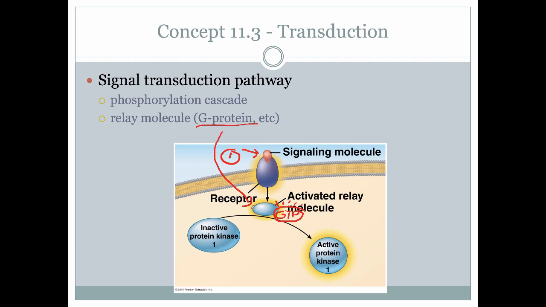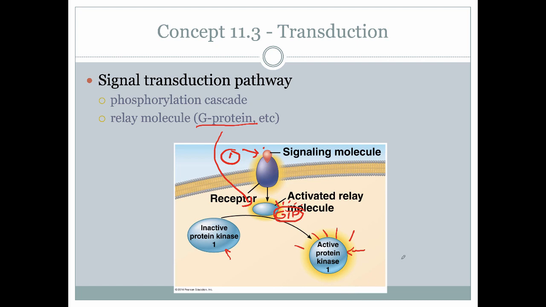And so what they will do is they will bind to a protein kinase that's inactive, and they will make it now active. All right. So we have now transduced our signal from the outside of the cell through a G protein coupled receptor. The G protein relayed the signal, and now our effector protein, the protein that should get the response out of the cell, is an active protein kinase.